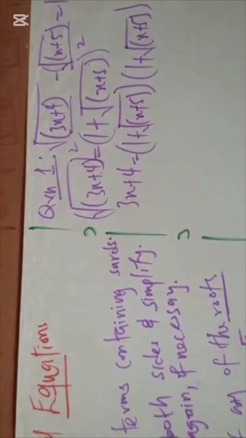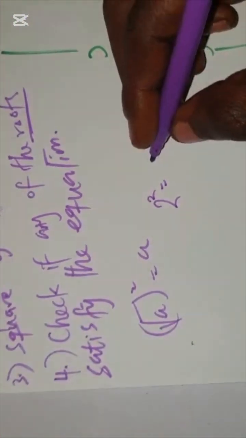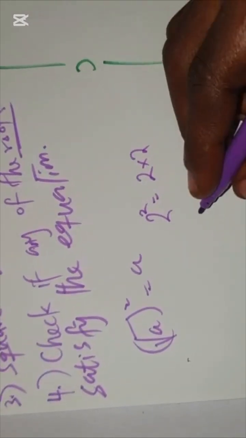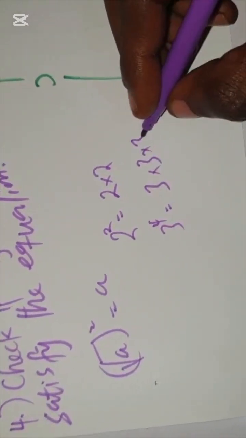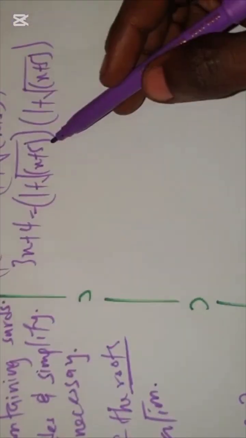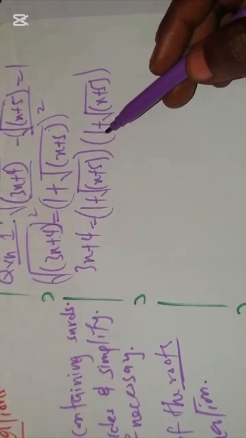This is the same as when you are given 2 to the power 2, it's the same as writing 2 times 2. Or 3 to the power 4 is the same as writing 3 times 3 times 3 times 3. So in this case, the brackets represent the multiplication sign.